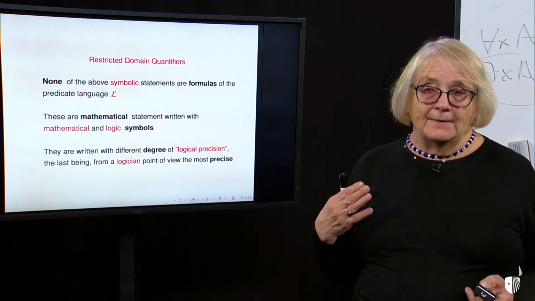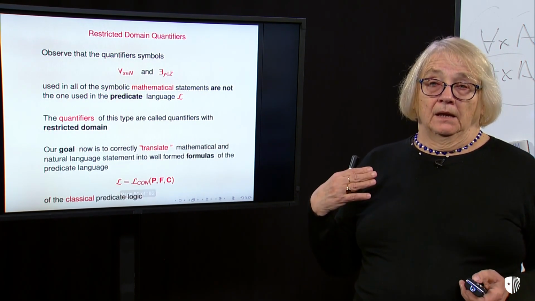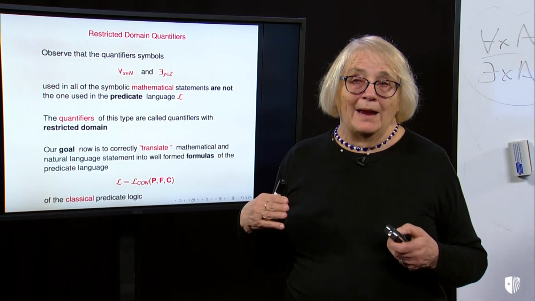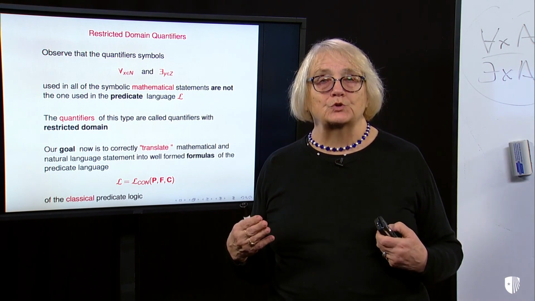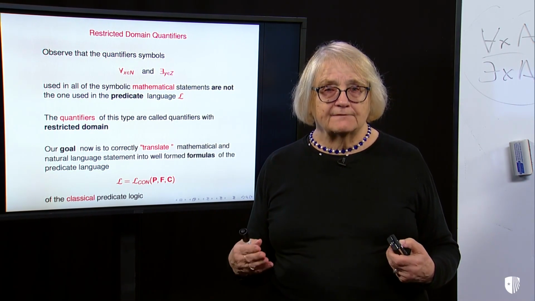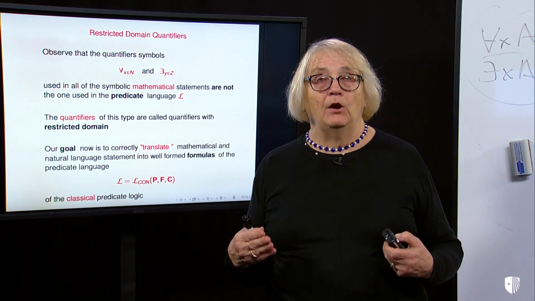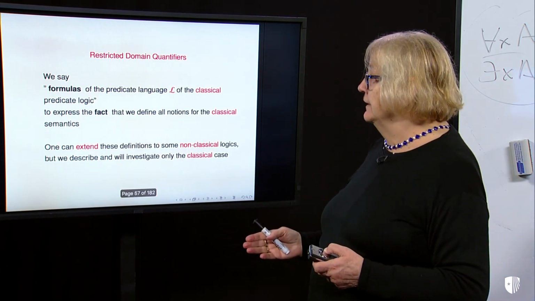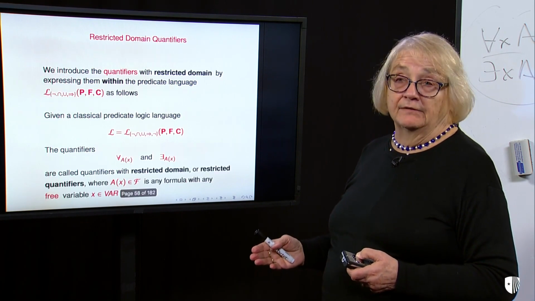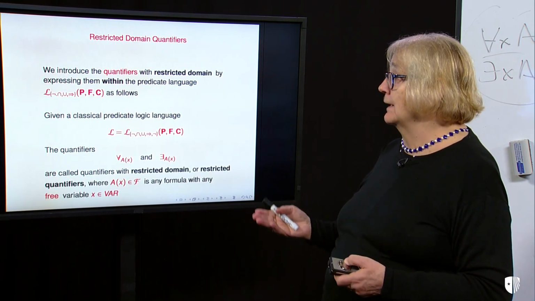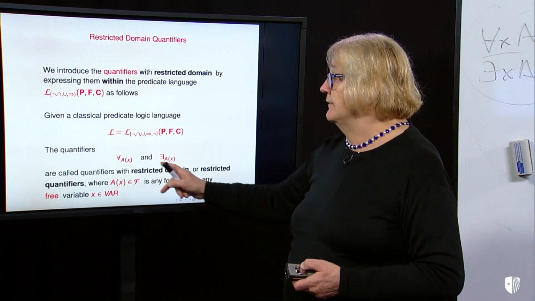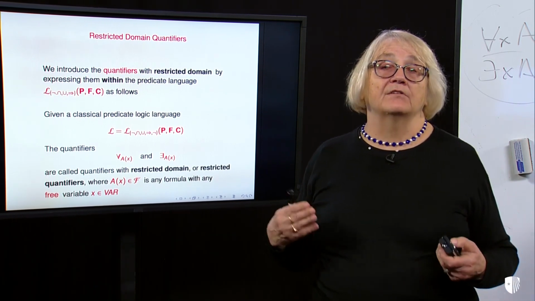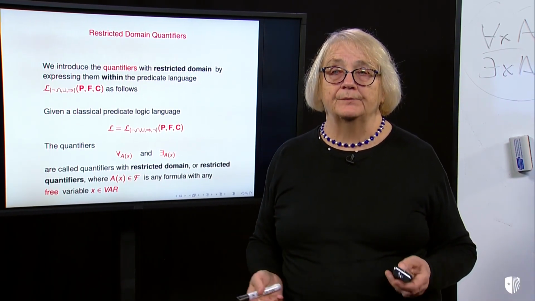The problem is that it's useful to introduce restricted domain quantifiers, but the laws of our normal quantifiers are different. The tautologies, or laws, of our normal quantifiers are different from those of the restricted domain quantifiers.